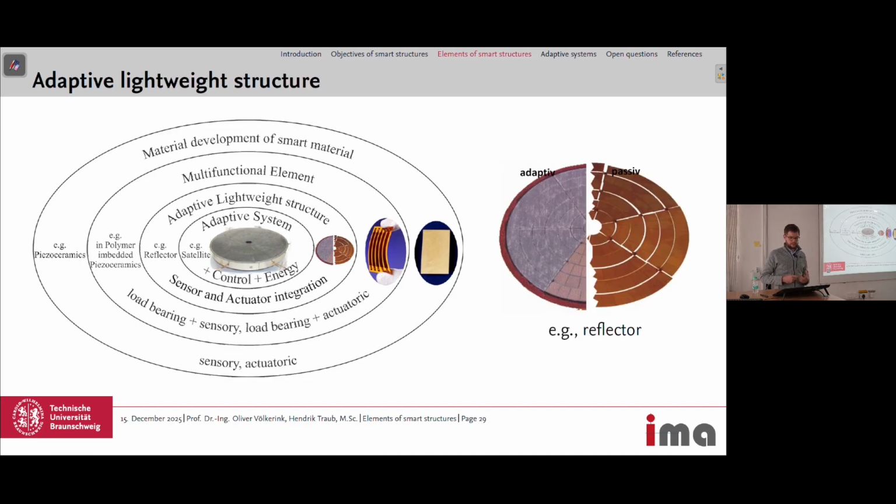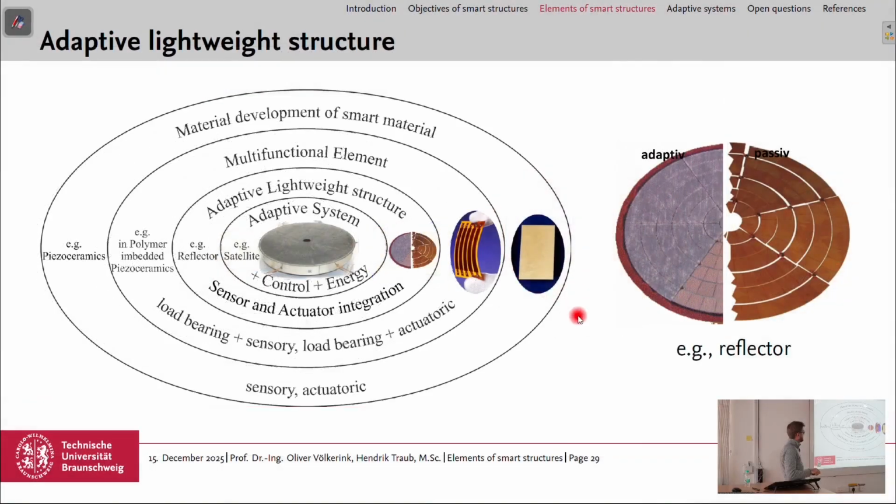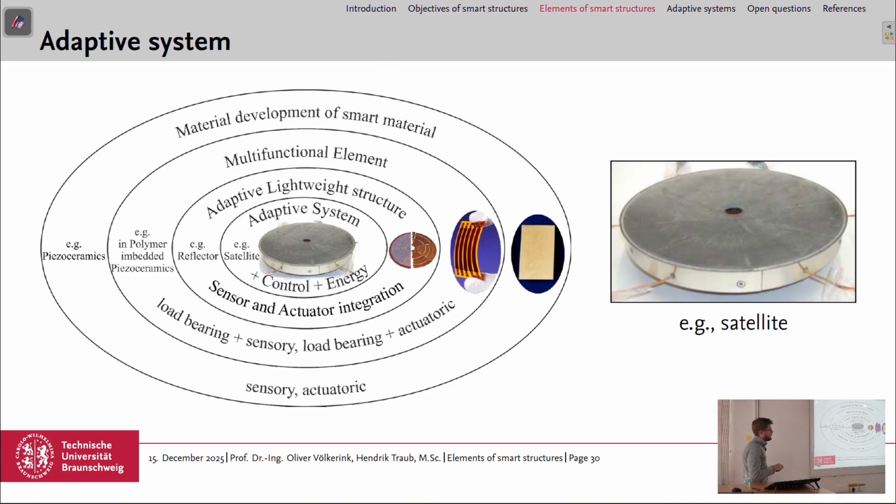And then the next element, at the example of the satellite reflector, is the adaptive lightweight structure itself, where these multifunctional elements, the piezo composite transducers, are integrated. And this adaptive lightweight structure is then part of the adaptive system itself, with the power supply and also with the controller. So here, plus control and plus energy.